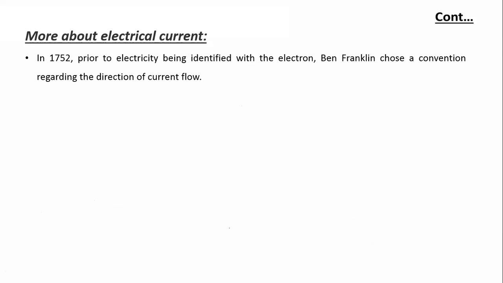Something more about electric current. In 1752, prior to electricity being identified with electrons, Ben Franklin chose a convention regarding the direction of current flow.